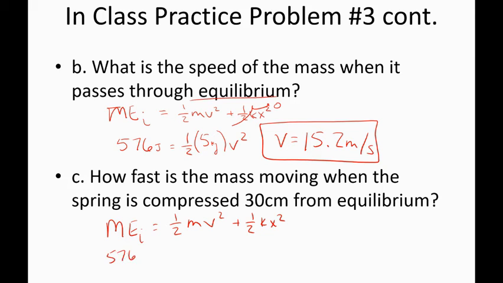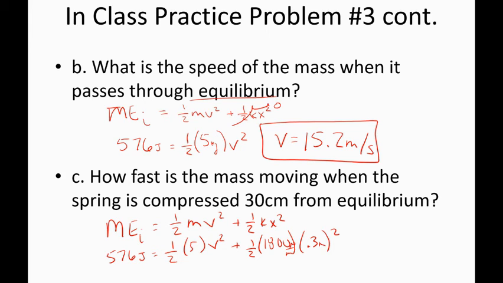So 576 joules equals 1/2 5v squared plus 1/2. My k in this case is going to be 1800 newtons per meter. My x is going to be 0.3 meters squared.